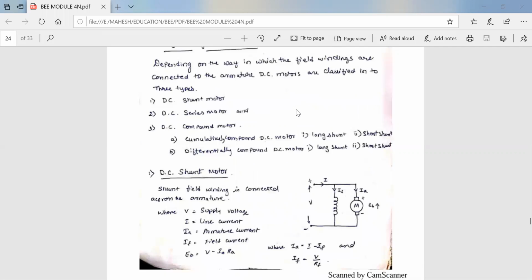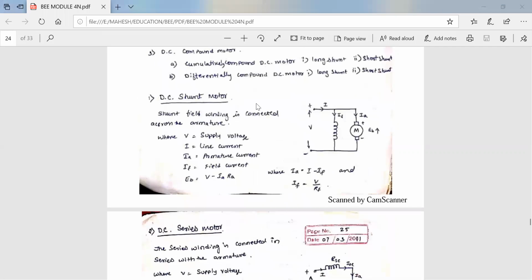First we see about the DC shunt motor. As in a DC shunt generator, if the field winding is connected in parallel with the armature, we call it a shunt generator. Like that, here also, if the shunt field winding is connected across the armature, we call it a DC shunt motor.